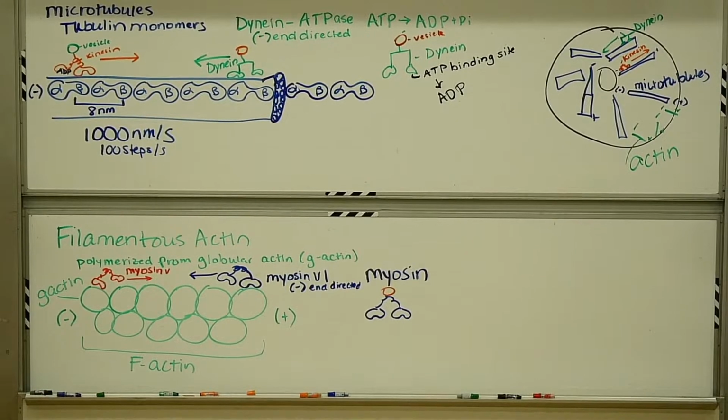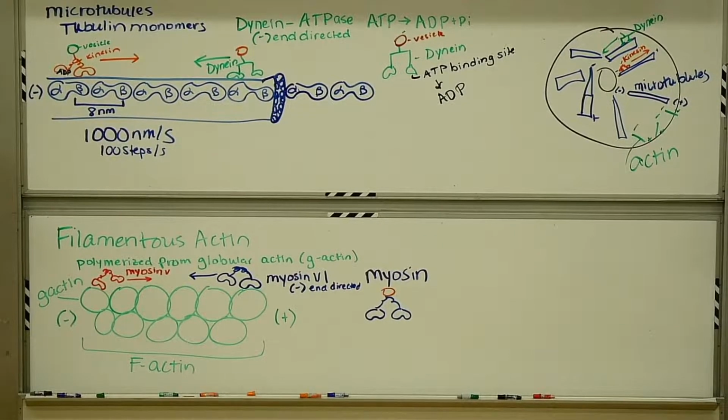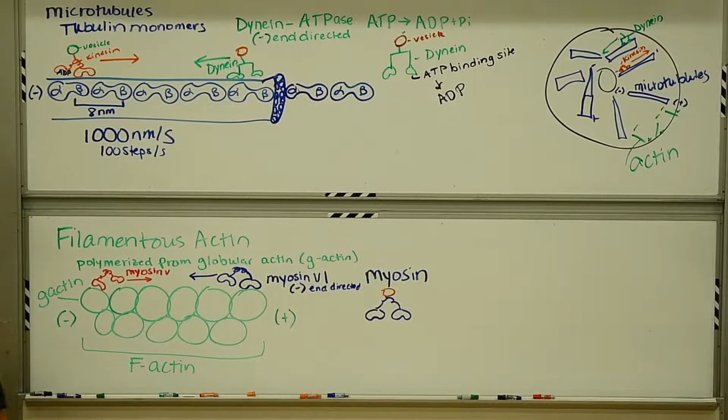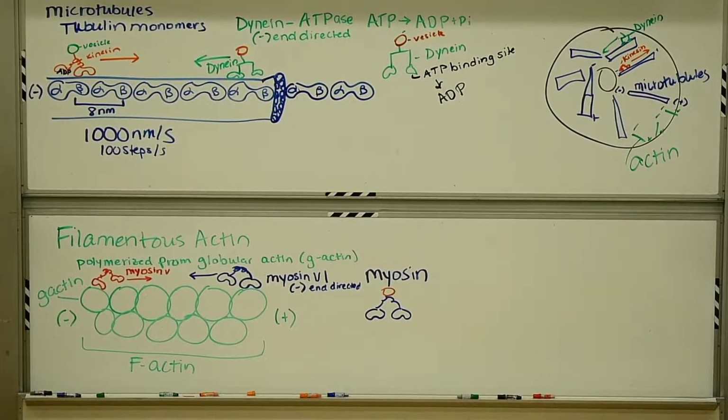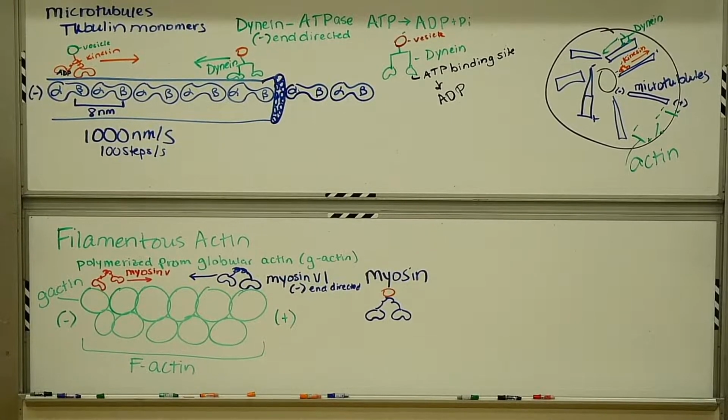Can any myosins move in both directions? I'm not 100% certain. Every myosin I know of only moves in one direction, but there could be some that I just don't know.